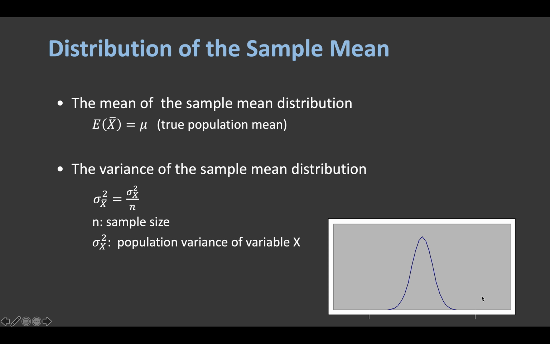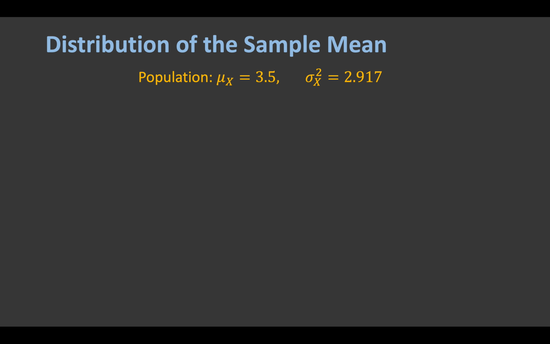So you see that this is our probability distribution. It obviously looks like a normal distribution, more of a normal distribution. We can do this for different populations and different sample sizes. For the population, mu x equals 3.5 and the variance equals 2.917.